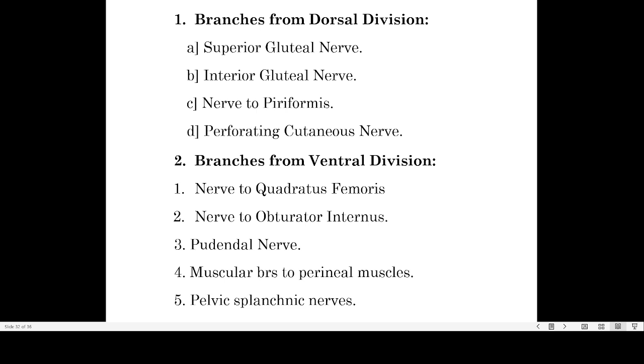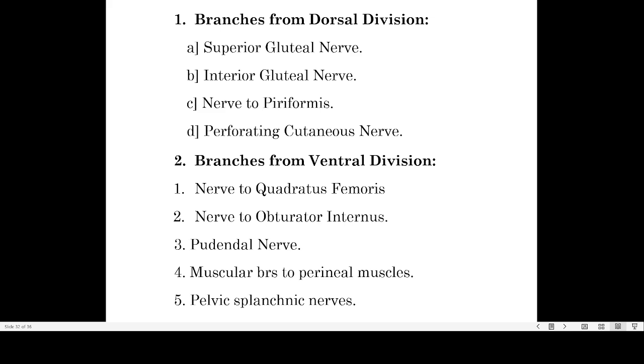So mainly the gluteal muscles, the gluteal region, are innervated by the superior and inferior gluteal nerves, the nerve to the piriformis and the perforating cutaneous nerve. These are the nerves innervating the gluteal region from the dorsal divisions.